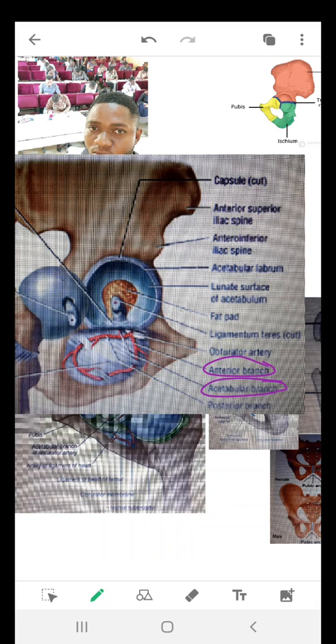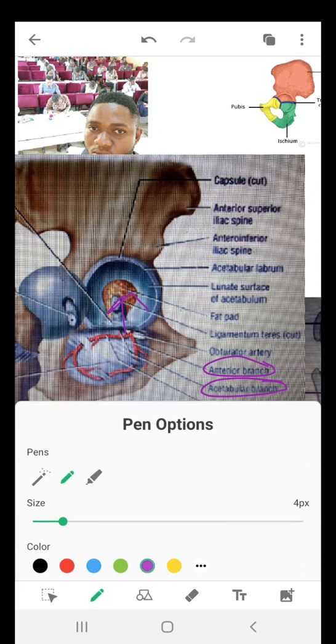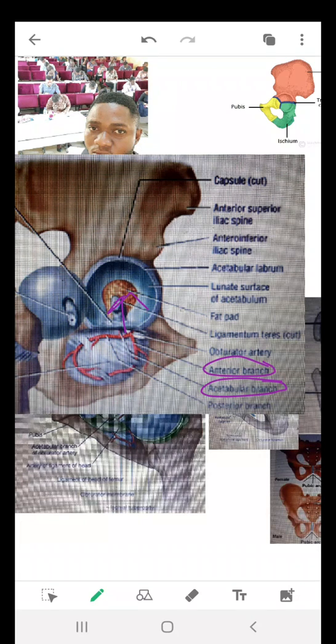So this acetabular branch goes up into the acetabulum, through the acetabular foramen. Let's represent this with a yellow line. We have the transverse acetabular ligament converting the acetabular notch into a foramen.